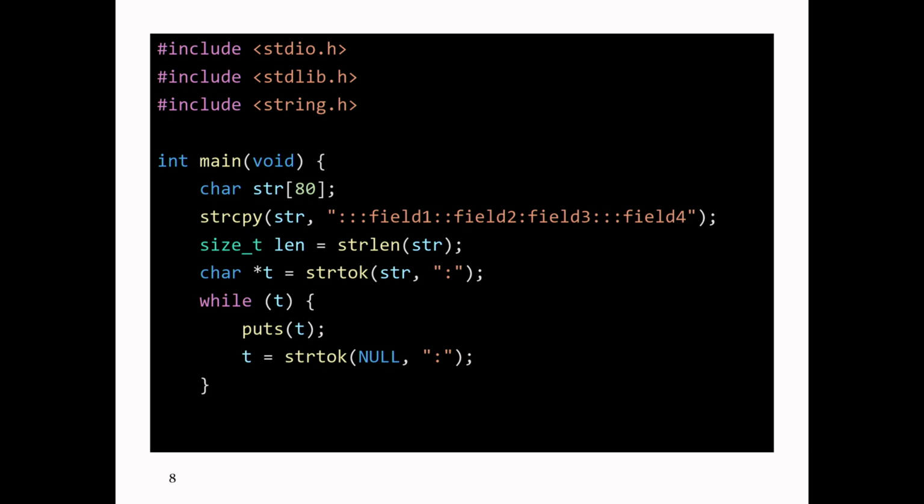So the first time you call this, it starts at the beginning of the string. It looks for the first character that's not a delimiter. So colon, colon, colon, F. So it knows that the F is the start of the first field. It remembers or stores a pointer to that F. It then keeps on going. So FIELD1 colon.